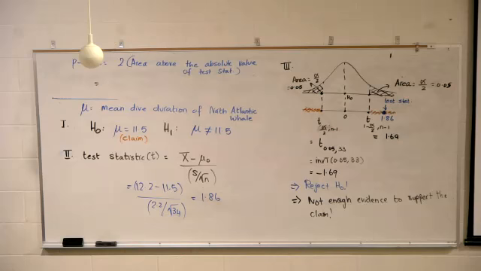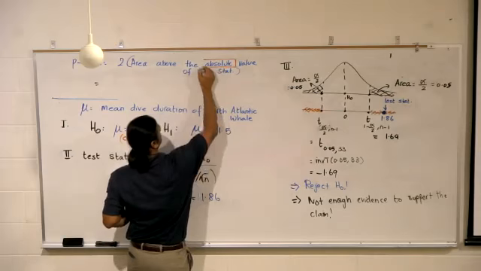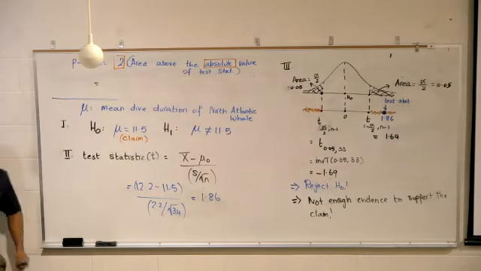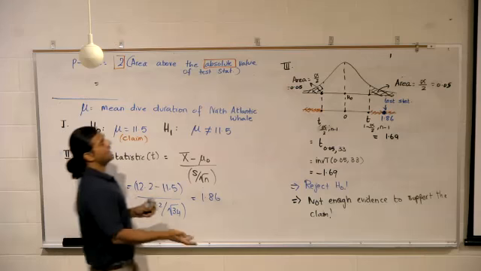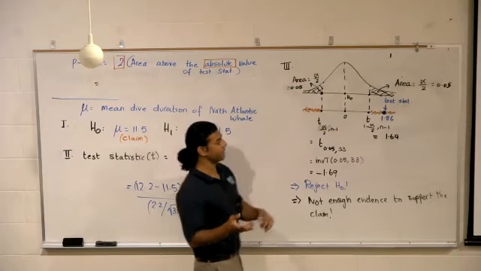The area above the absolute value of the test statistic. The absolute value and the 2 are important when it comes to a two-tailed test. We already have a positive test statistic, so the absolute value doesn't matter.